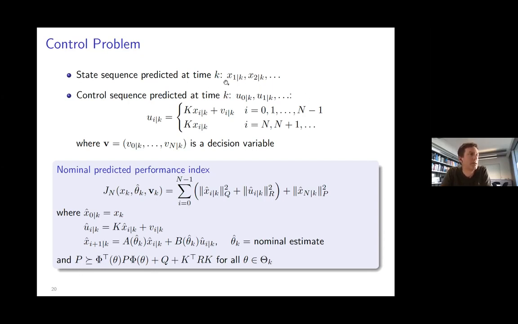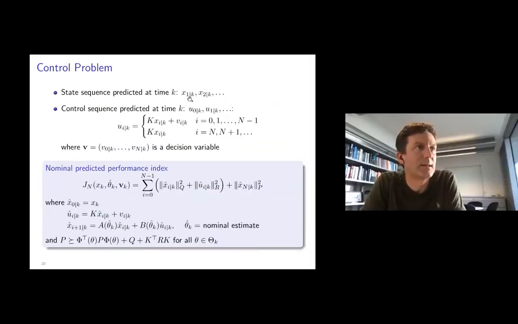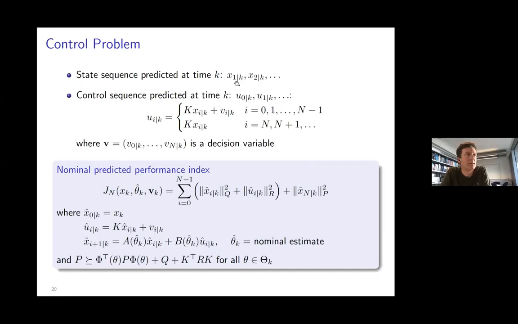So some of the notation here. The predicted states and inputs i steps ahead are written using this dual notation. So this is the predicted state i steps ahead, the prediction being made at time k. And I'm going to assume that the free variables in the control sequence are added to this linear feedback control over the entire prediction horizon.